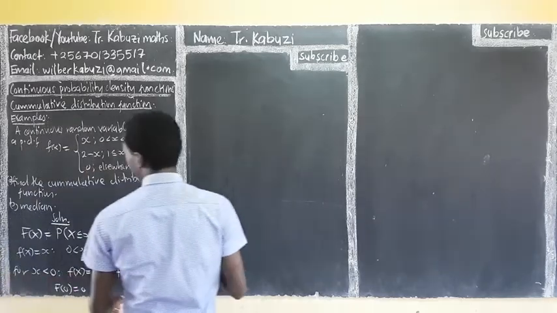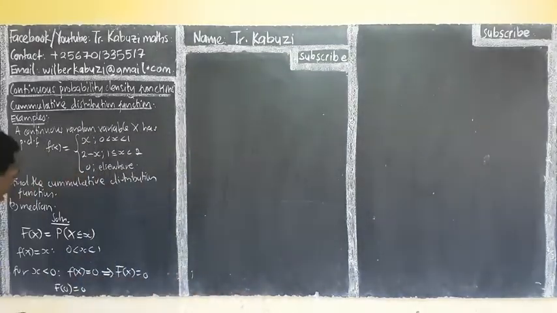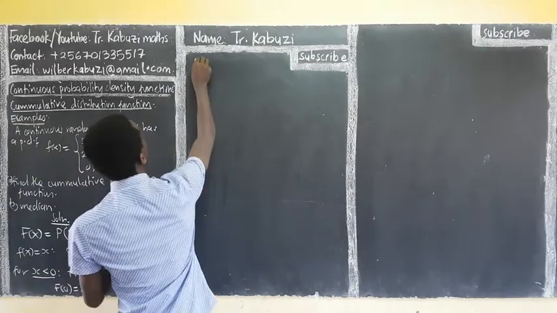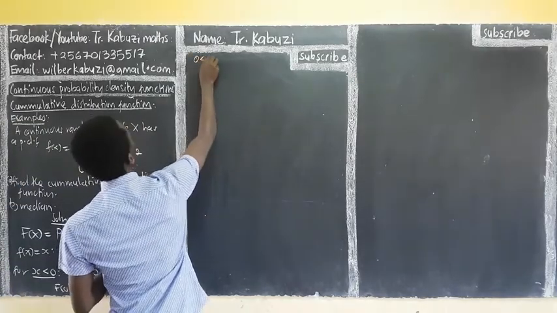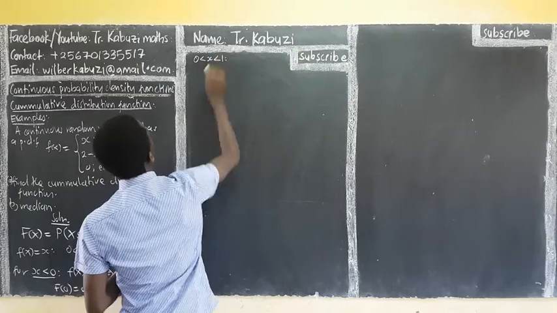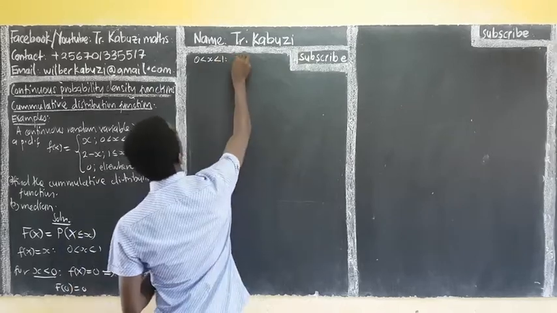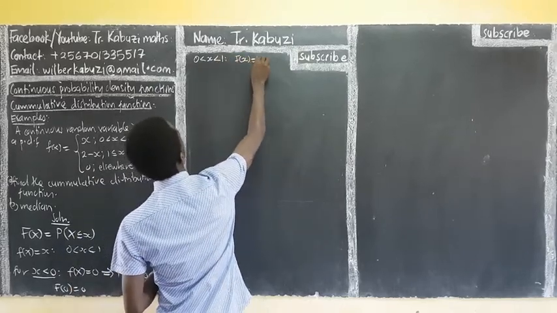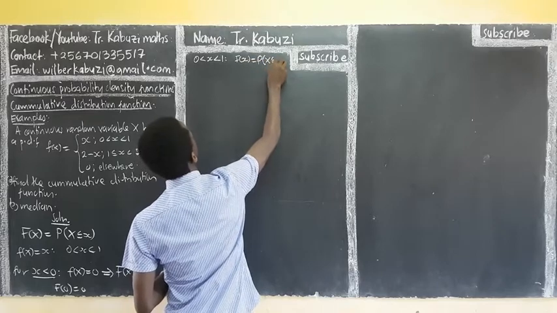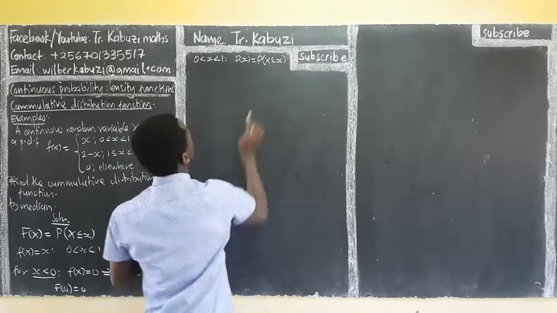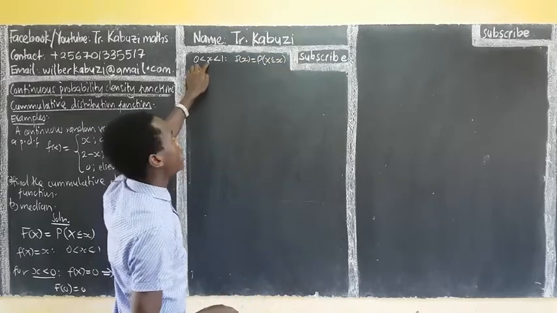So now we come to the next interval. This is our interval here, the next interval, which is 0 less than x less than 1. So remember, our F of x is equal to P of X less or equal to x. It means that we need this value of x in this interval.